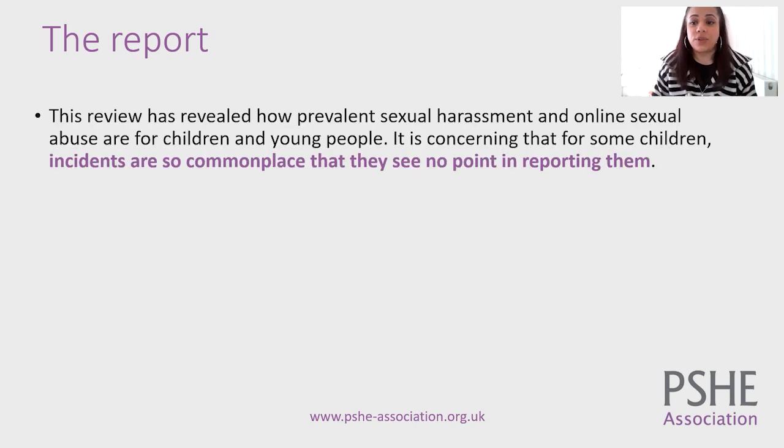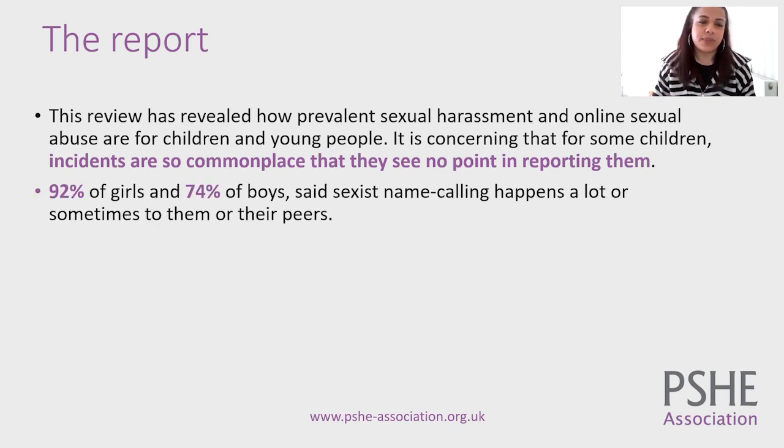So firstly, the review revealed that sexual harassment and online sexual abuse was so common for children and young people that they see no point in reporting them. So 92% of girls and 74% of boys said sexist name calling happens a lot, or sometimes to them or their peers.